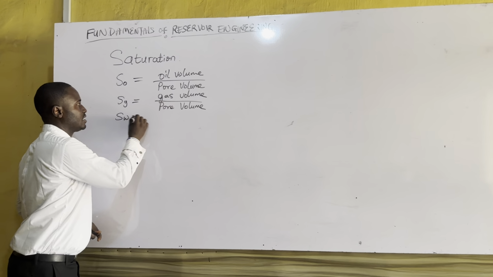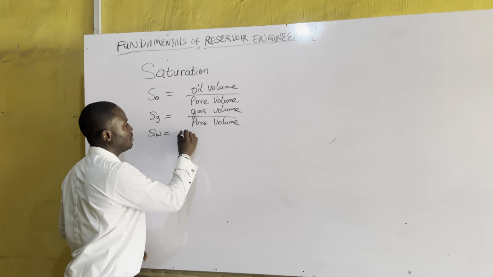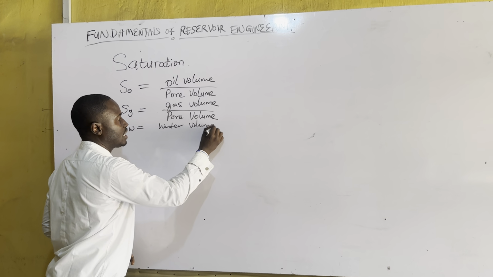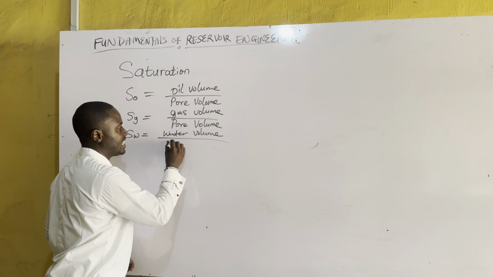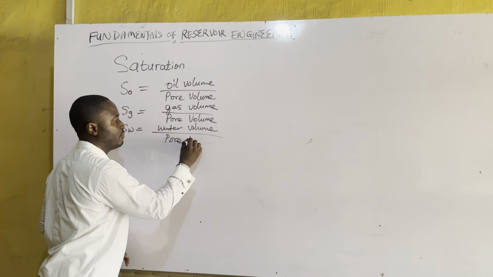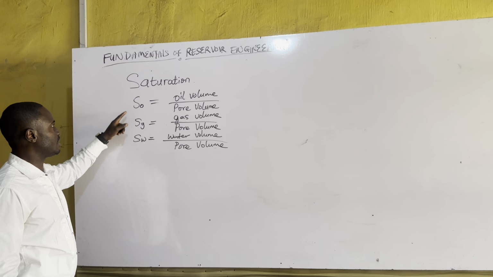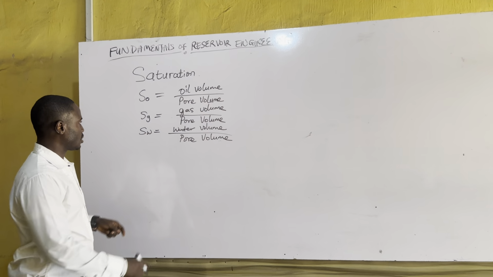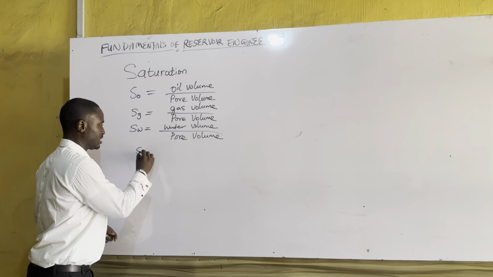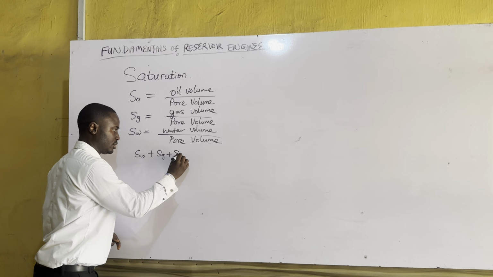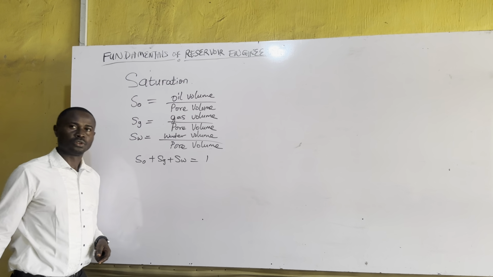And for the water, we have it as what? The water volume over the pore volume. All these saturations of the various fluids sum up to 1. So we have that the saturation of oil plus the saturation of gas plus the saturation of water will give us equals to 1.